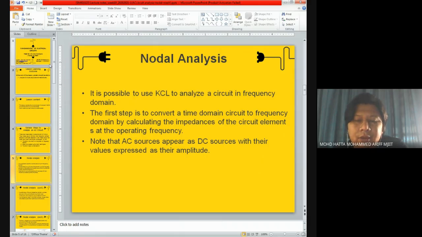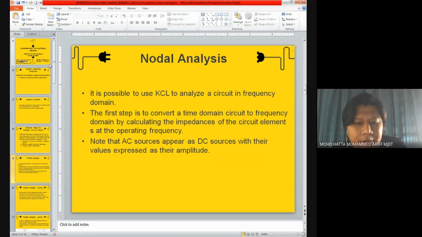For example, if the circuit has a voltage source, look at the frequency of the voltage source. And if you have a current source as well as a voltage source, look at the frequencies of those two sources.